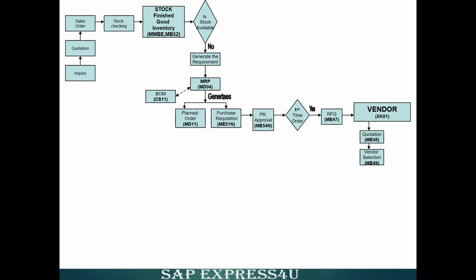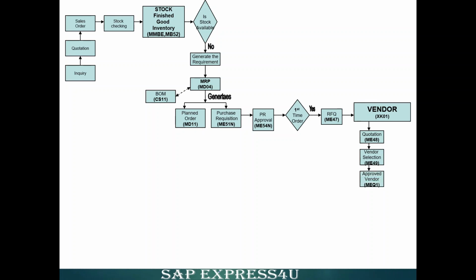Let's say 4 or 5 vendors have sent us a quotation. We cannot raise a PO to every vendor, so we will do the selection, and we can do this in ME49. Now this process which I am describing, ME47, 48, 49, is not mandatory, you can do it offline also, but it is always suggested that you go through an SAP process.